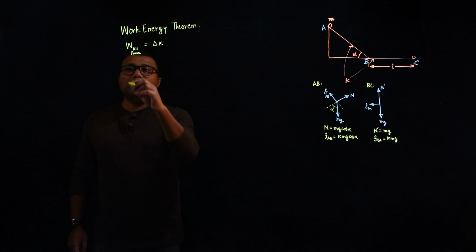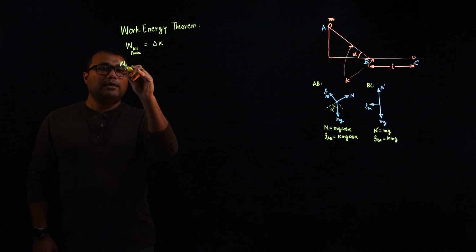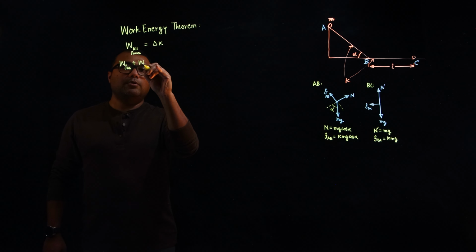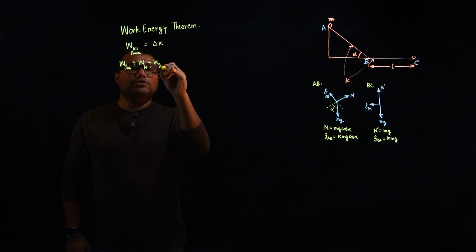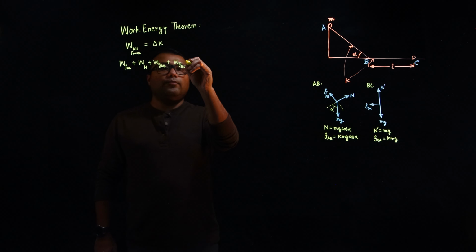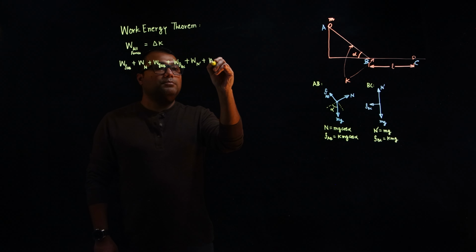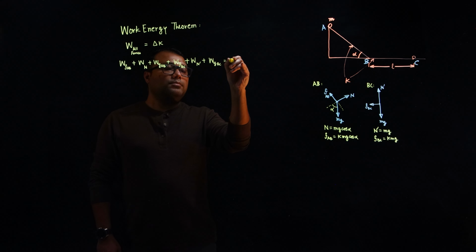So work done by friction force AB plus work done by normal reaction N plus work done by gravity in the journey AB plus work done by friction force BC, plus work done by normal reaction N dashed, and work done by gravity in the journey BC should all be equal to 0.